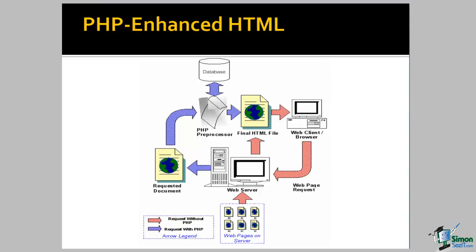So if you're not familiar with, again, how the internet works and how the browsers work to display information to a user, if we have a standard static website, as is depicted with the red arrows in this diagram, we have a web server that returns, when requested by the client, the browser, somebody sitting in a coffee shop somewhere with a pad or a laptop, requests a web page. That request goes to the web server, and the web server pulls that web page from its directory structure. The web page is completely static.